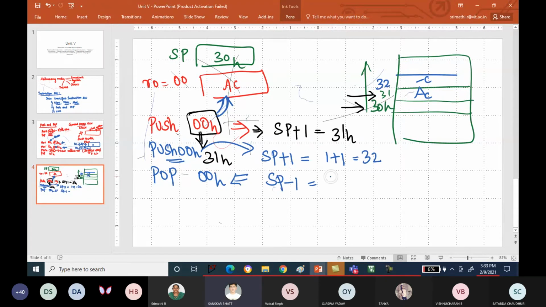So 32 minus 1 is 31. Now your stack pointer will point to 31. Pop 00H means whatever value is available in the memory location the stack pointer is pointing to, take that value and put it in 00H.